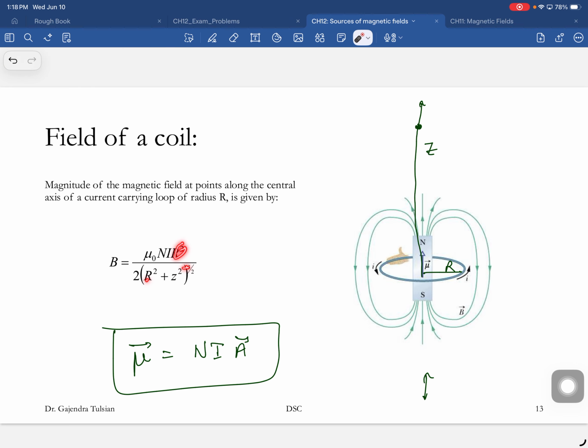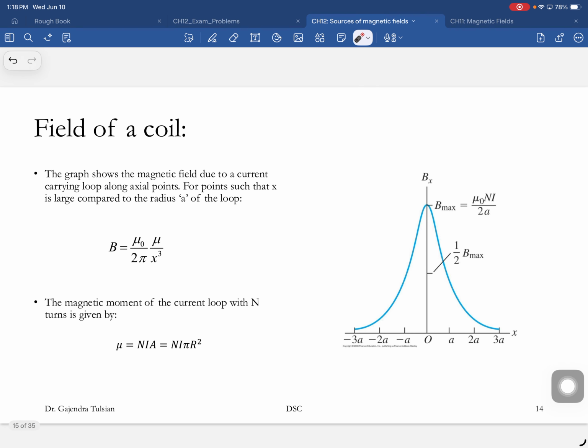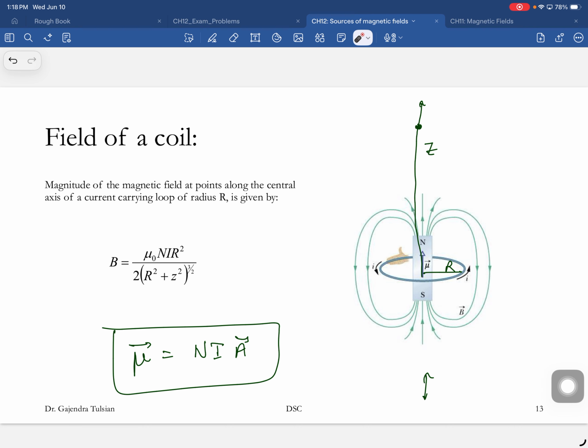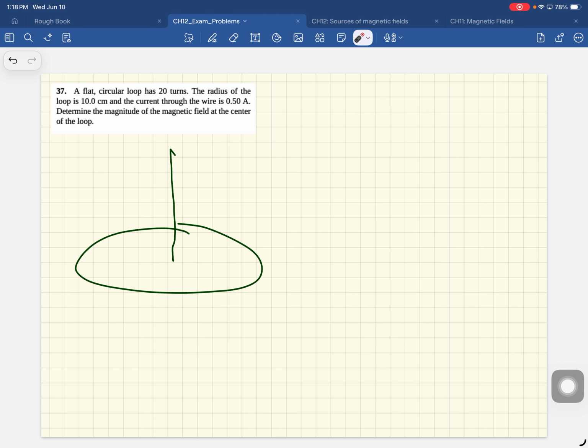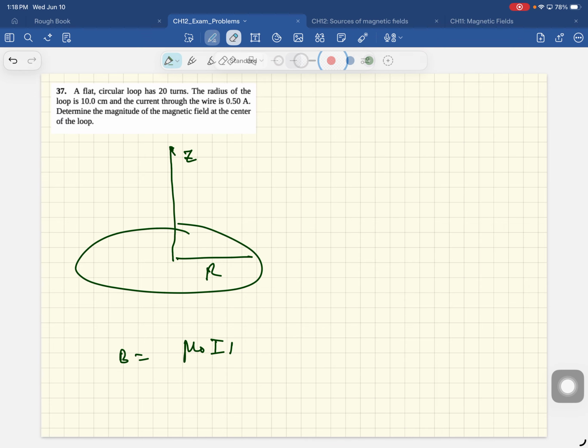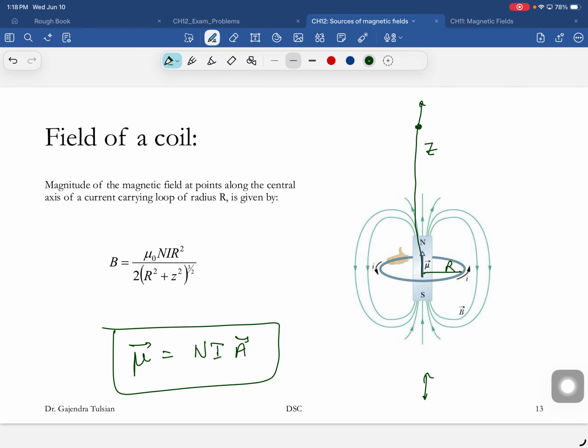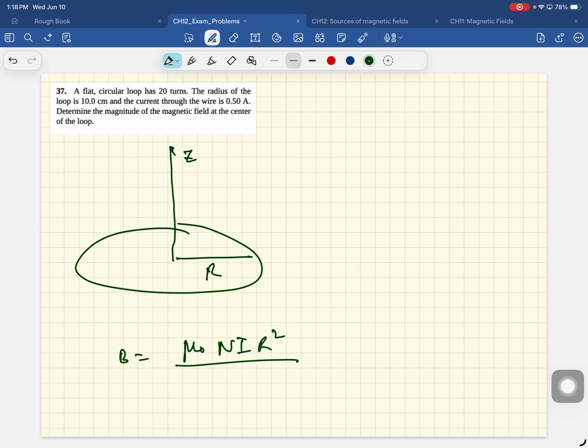So you can use this device to measure currents, in the sense that if you have a known current, and you pass an equal current in the opposite direction, the net field at the midpoint should be 0, because the magnetic fields are in opposite directions. And it's the same expression that we're using.